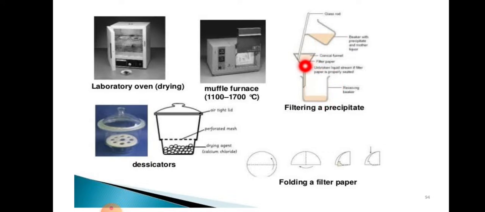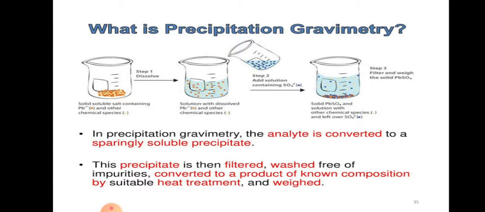Here the precipitate barium sulfate gets deposited on the surface of the filter paper. We are going to dry this filter paper and measure how much barium sulfate is formed. This process is called a gravimetric process.